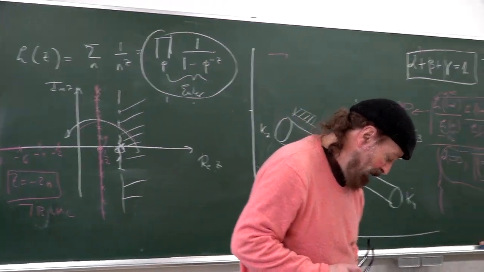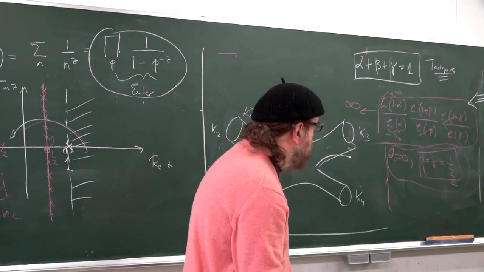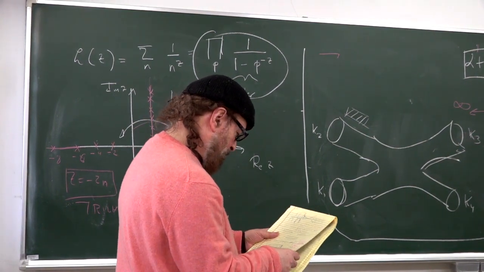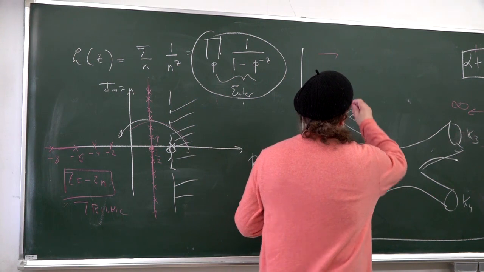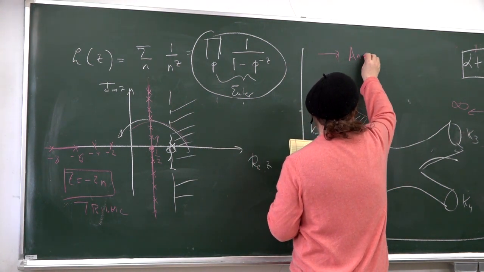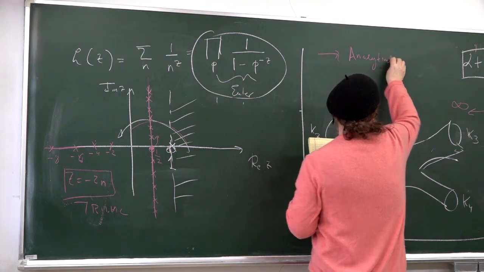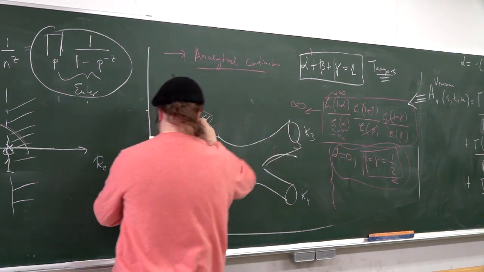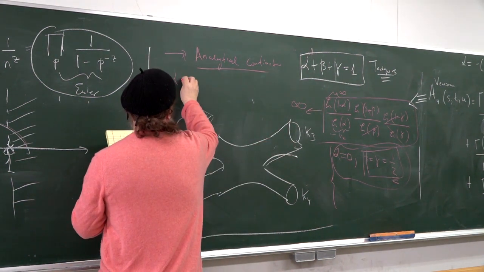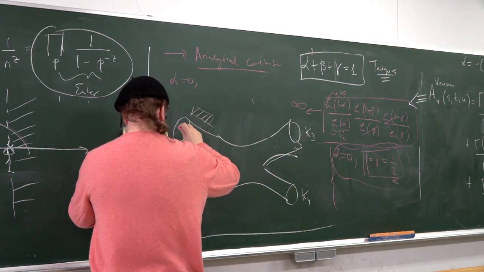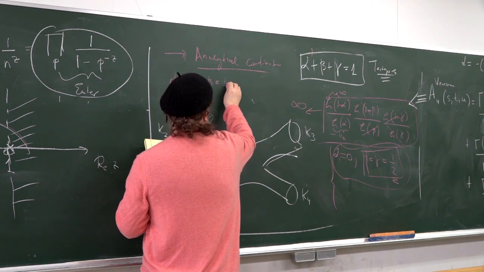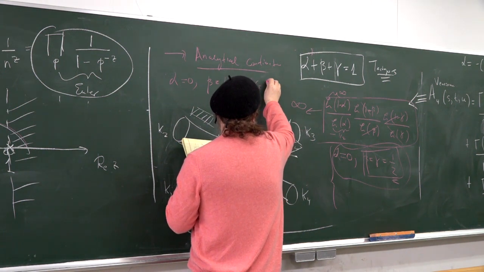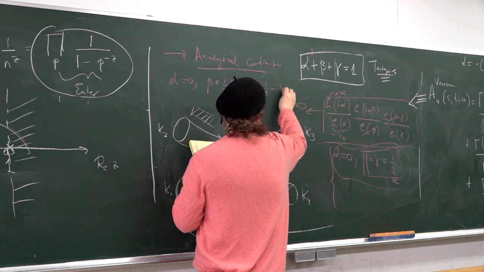When you do that, you're going to have a situation where alpha is still real, but beta equals 1/2 plus i lambda, and gamma equals 1/2 minus i lambda.